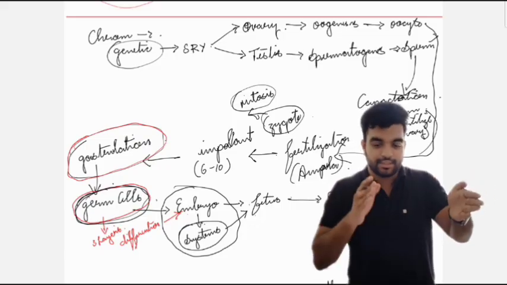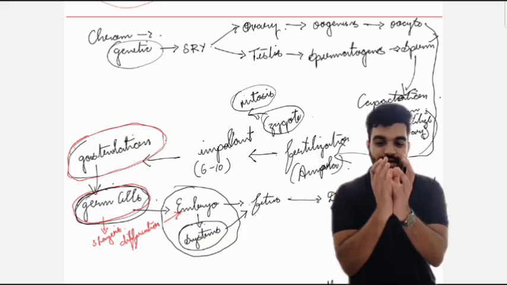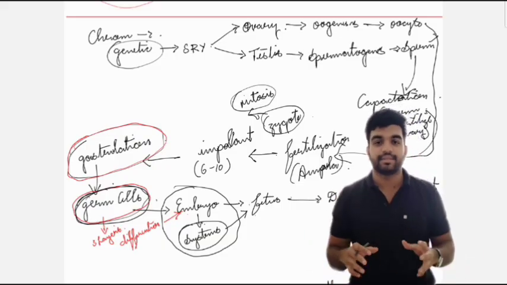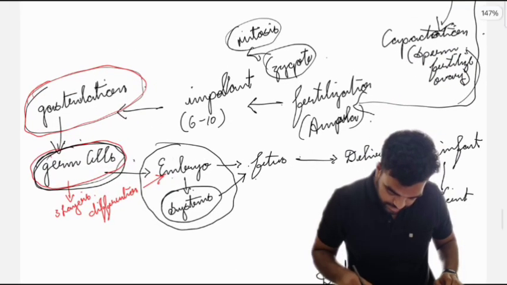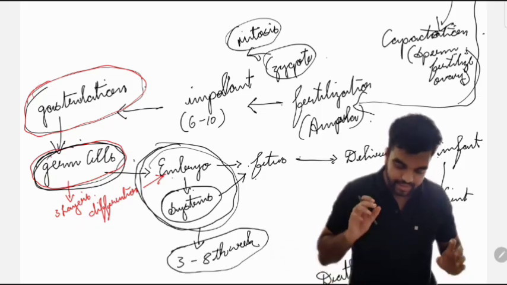Fertilization took place, 3 weeks have passed, all the germ layers have formed, and one particular blob of embryo has occurred. Now the real embryo formation will start. So let us discuss embryo formation: from the 3rd week till the 8th week, what are the things that will occur inside one particular embryo?